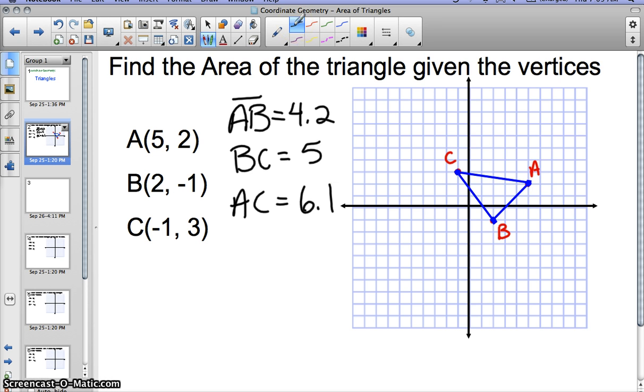Now, given the perimeter and the lengths of all the sides, we actually have another formula that we can use to find the area of a triangle. Most people look at the area of a triangle as base times height divided by 2. Well, there's another way we can do that using just the side lengths.